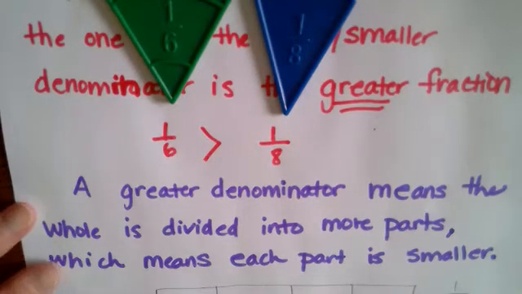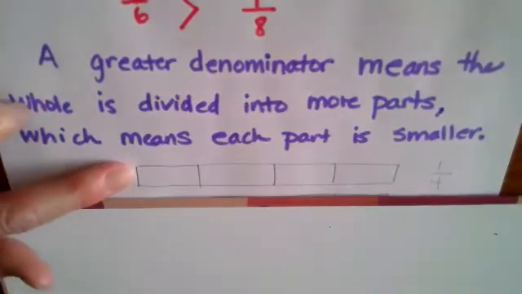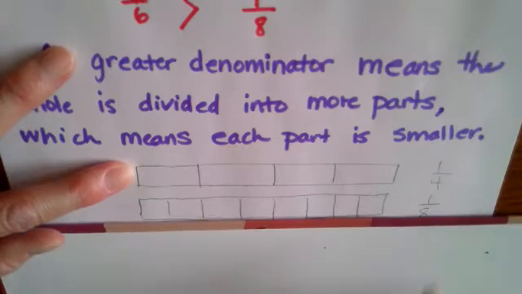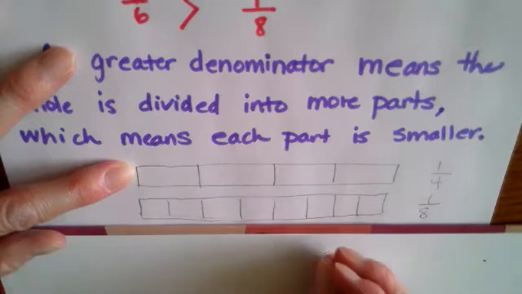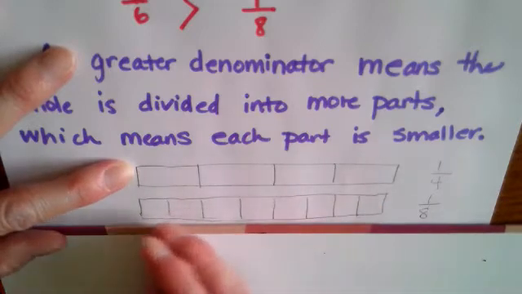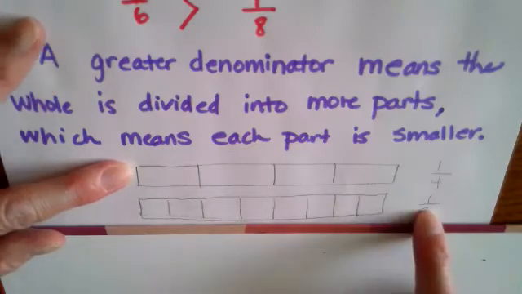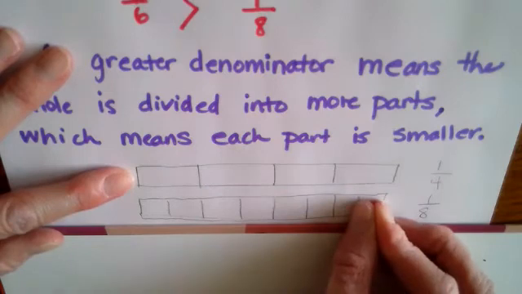Another example, here is a candy bar. It's split into fourths. Same size candy bar, only this time I split it into eighths. The eighths are smaller because I had to divide that candy bar into more pieces. The greater the denominator, the smaller the pieces are, okay?